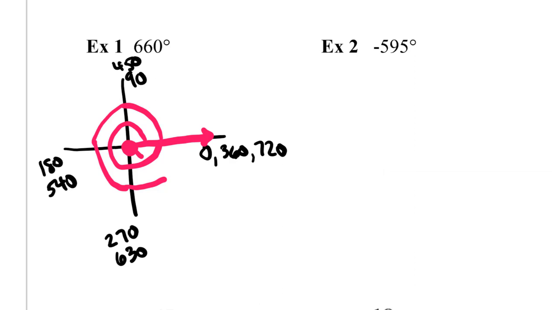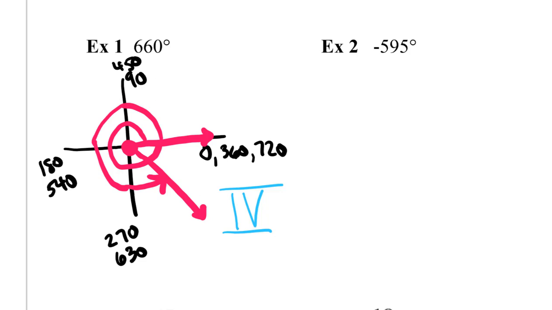So it would stop somewhere in there, and then I take my terminal side and extend that ray out, again with the arrow on. Now I've got 2 of my 3 arrows, so don't forget to add that third one right there at the end of the ray, where our angle stops. So we've got all 3 arrows. Now I have to identify which quadrant that is. Any angle that stops between 270 and 360, or 630 and 720, is in quadrant number 4. Again, use Roman numerals when we identify that.